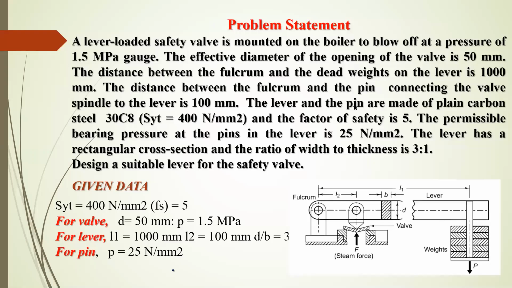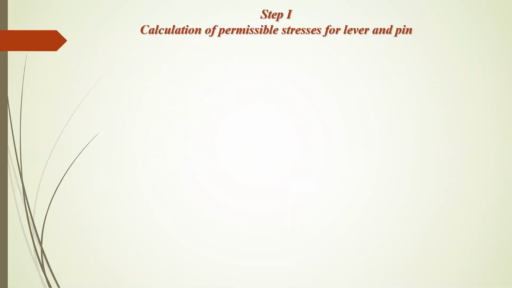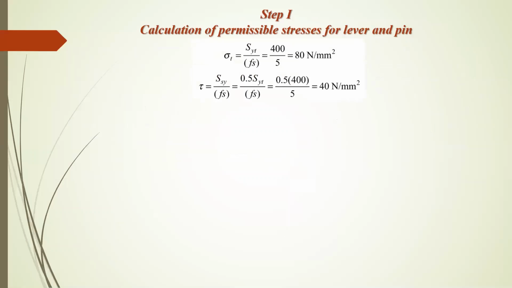So to find the dimensions of the lever, we have to go for the solution. In this solution, step 1 is the calculation of permissible stresses for the lever and the pin. The material selected has SYT 400 Newton per mm square, and the factor of safety for both the pin as well as the lever is 5. So we can calculate the permissible stresses.